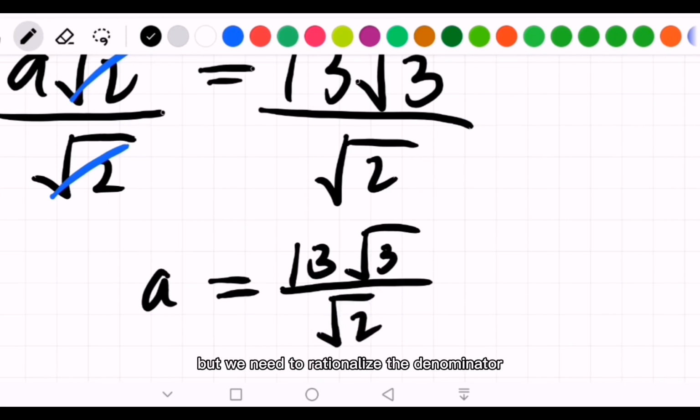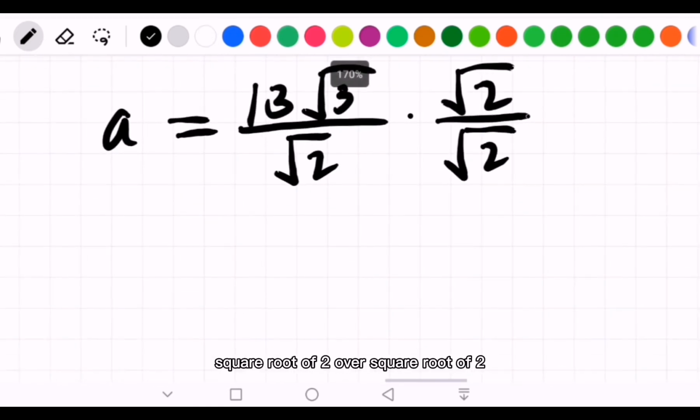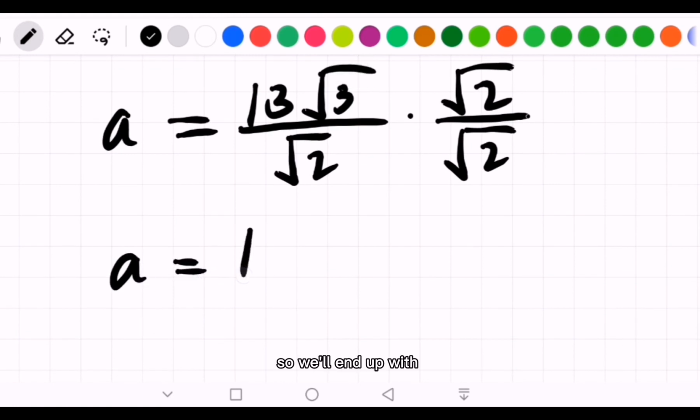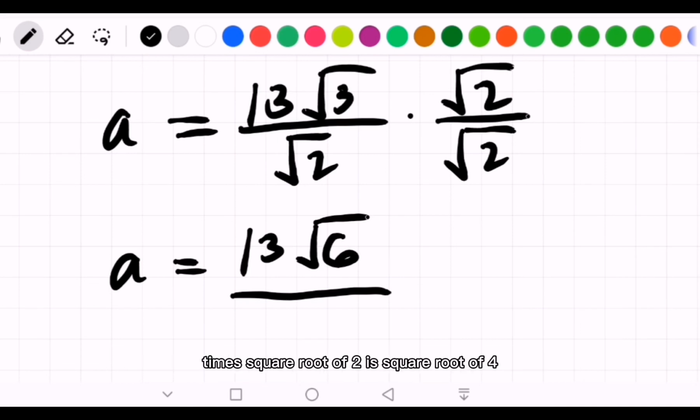But we need to rationalize the denominator. Therefore, we need to multiply the numerator and the denominator by square root of 2 over square root of 2. We'll end up with 13 square root of 3 times square root of 2, which is square root of 6, and square root of 2 times square root of 2 is square root of 4.